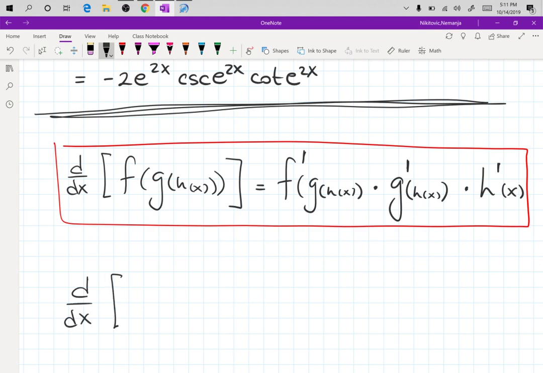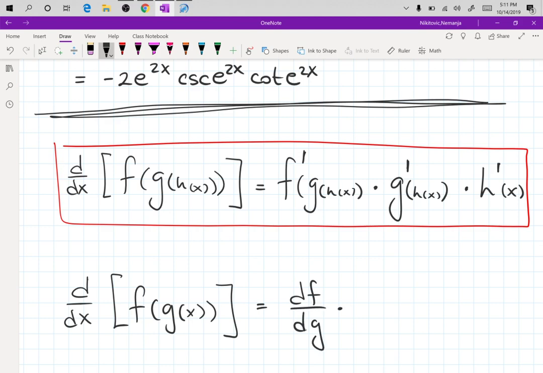The derivative of f of g of x. Let's actually do just 2 first. What he says is you take the derivative of f in respect to g and you multiply that with the derivative of g in respect to x.